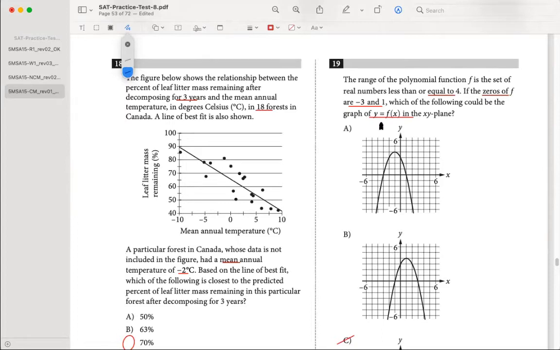Let me see if I'm reading the question right. Okay, y equals f of x. The polynomial function f.